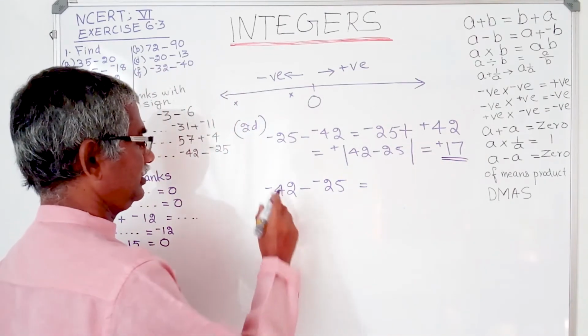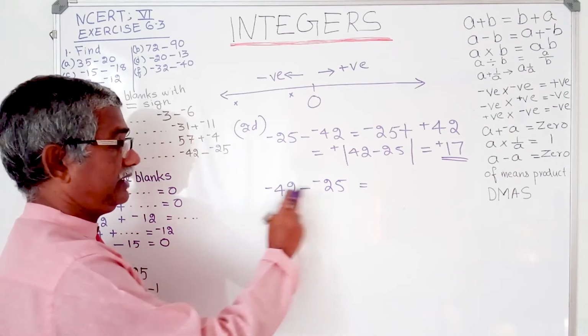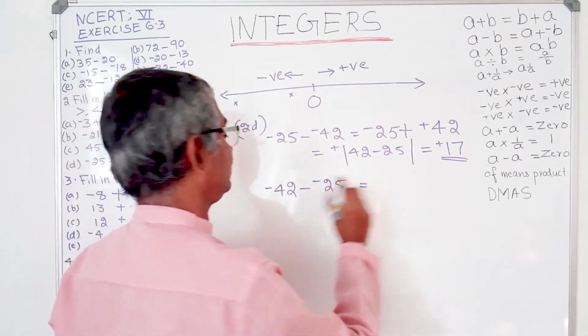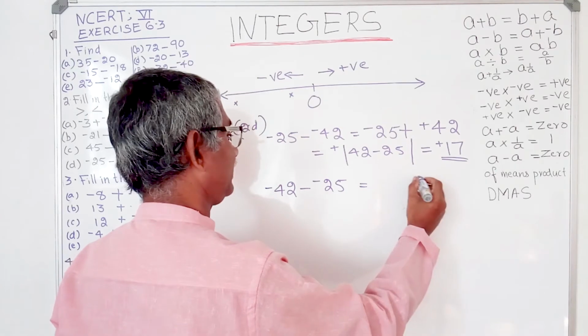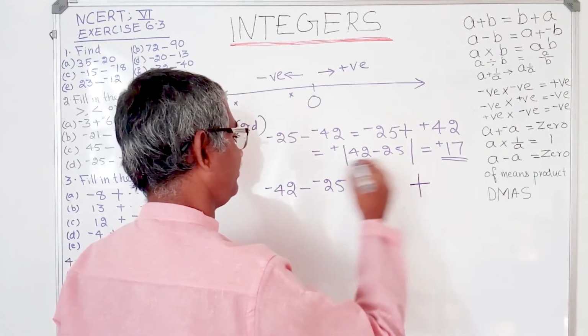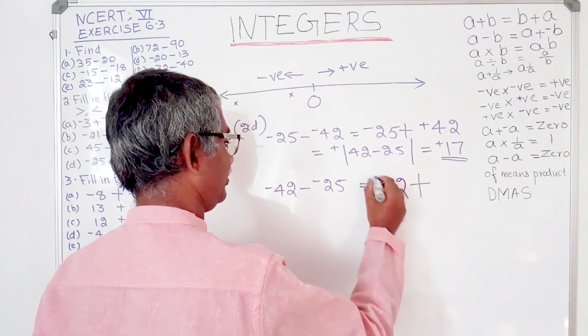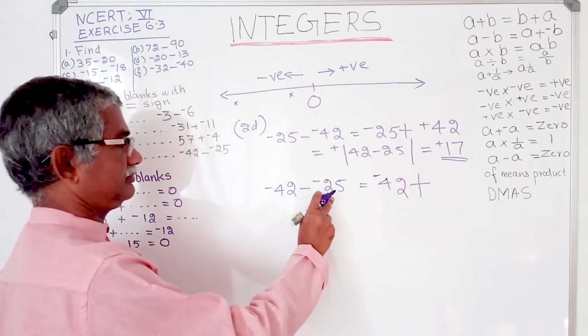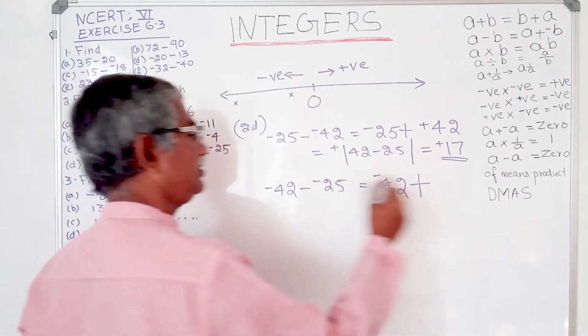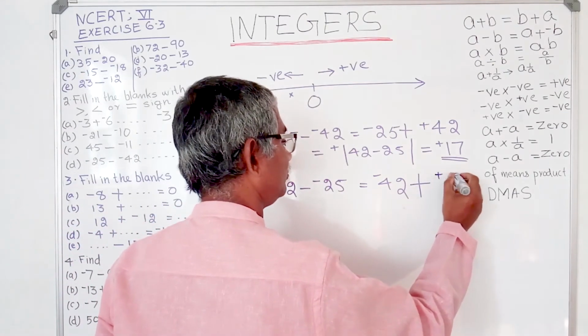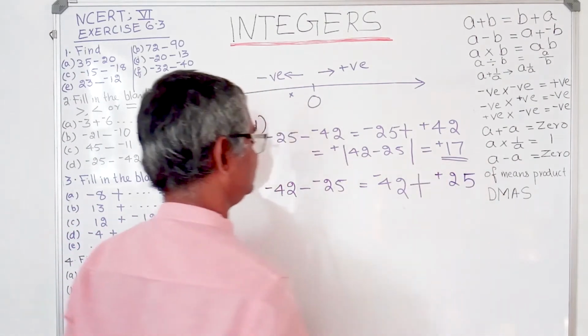Next one, negative 42 minus negative 25. In order to do subtraction, we are putting addition. First term, not changed. Second term, additive inverse. Negative 25 is changing to positive 25.